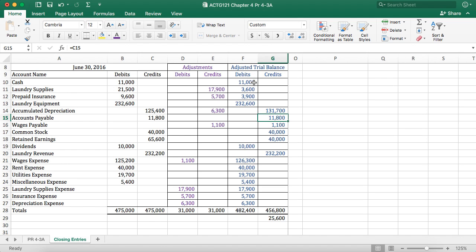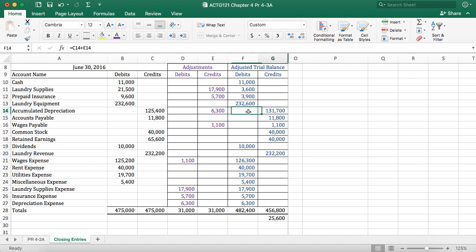So now we'll just go through and make certain that I got my items in the correct column. So cash, no change. Laundry is debit, less credit. And insurance is debit, less credit.